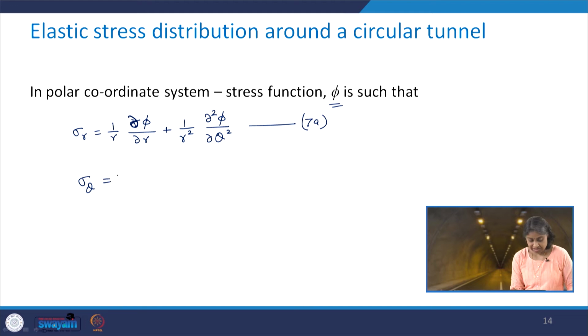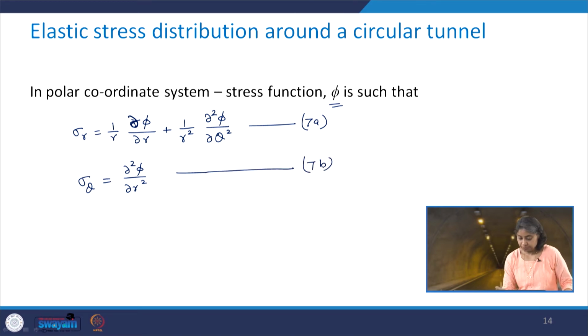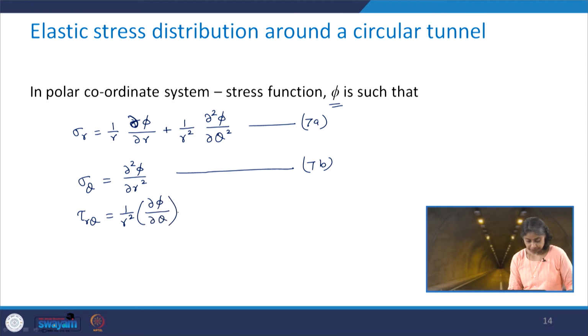Sigma theta is del 2 phi del r2, this is 7b, and tau r theta is 1 upon r square del phi del theta minus 1 upon r del 2 phi del r del theta.